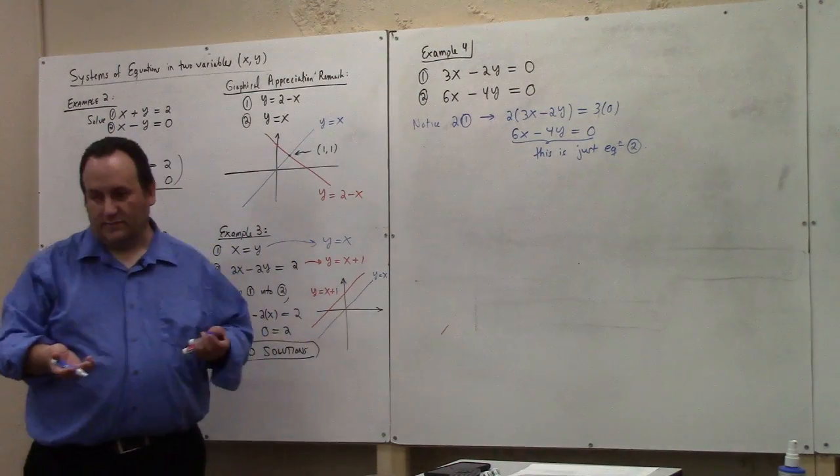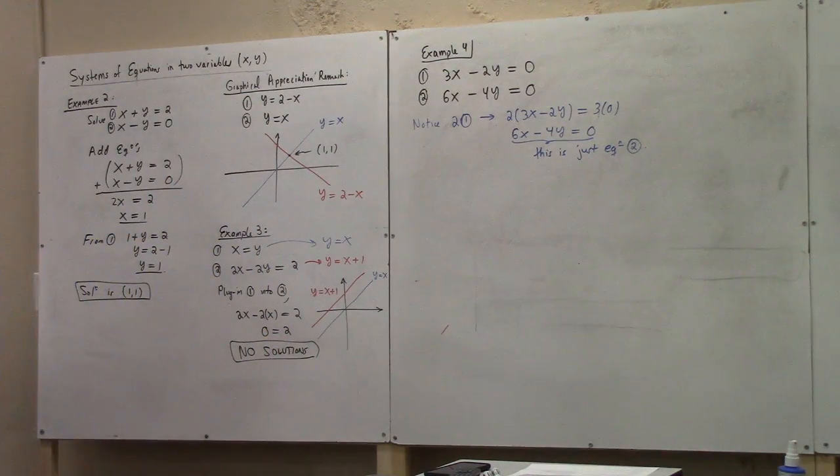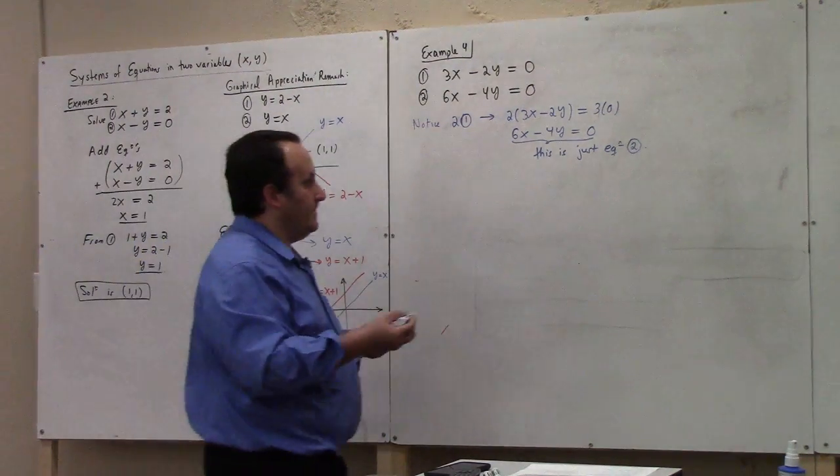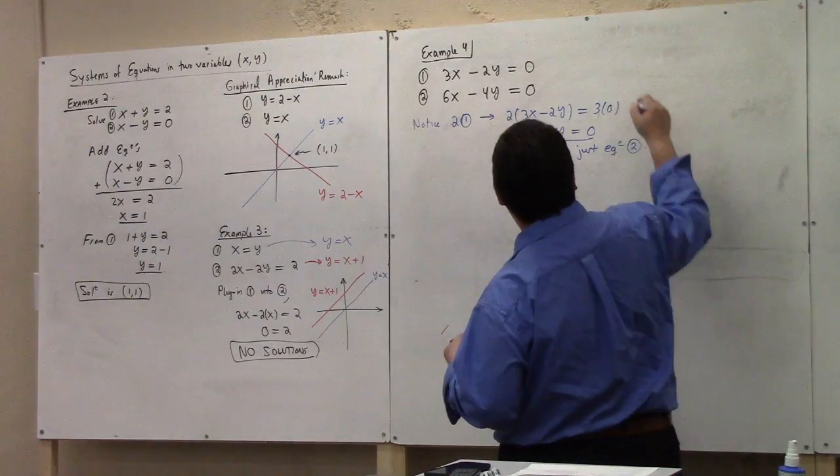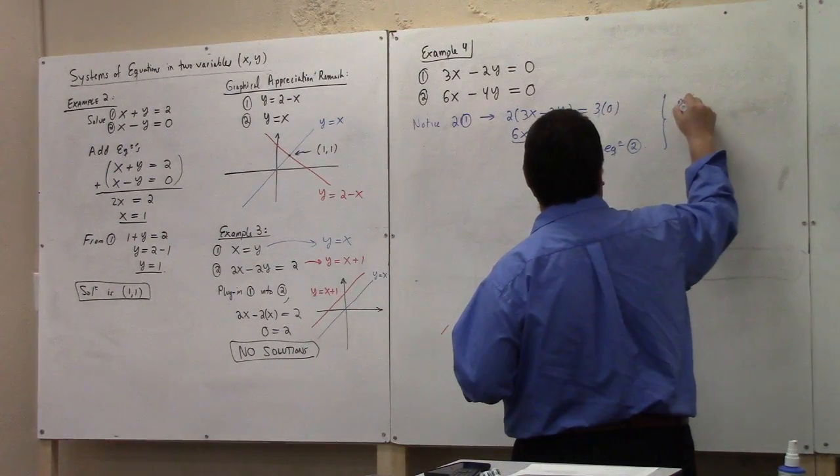When this happens, when one of the equations is just a multiple of the other equation, if you can rewrite one equation to just be a multiple of the other equation, then these are said to be dependent equations.